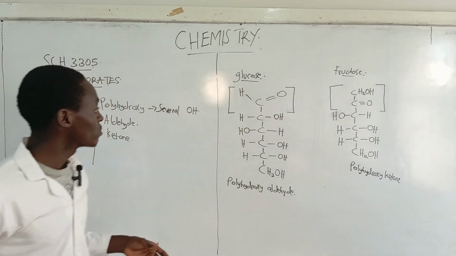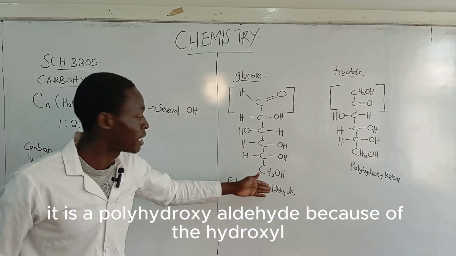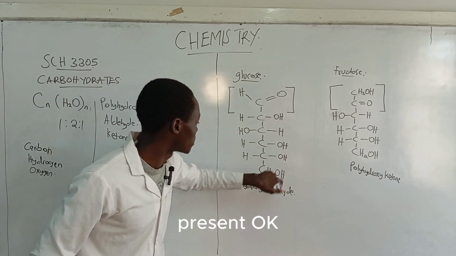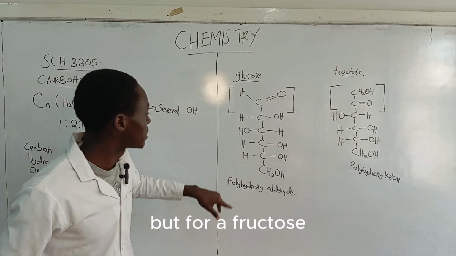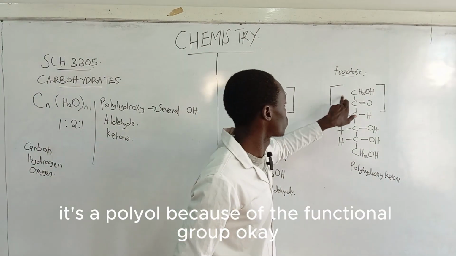Okay. So for glucose, it is a polyhydroxy aldehyde because of several hydroxyl groups that are present. Okay. But for fructose, it is a polyhydroxy ketone because of the functional group.